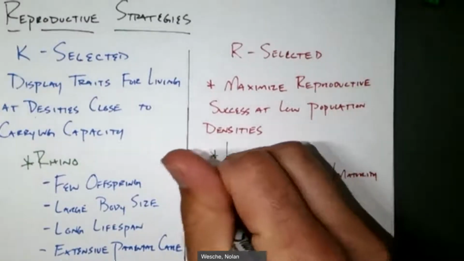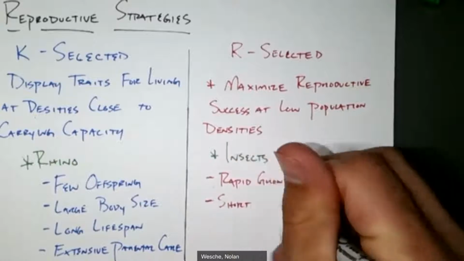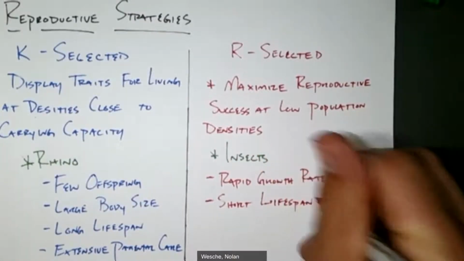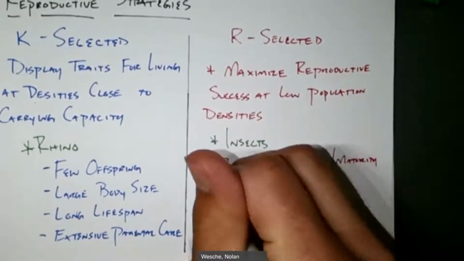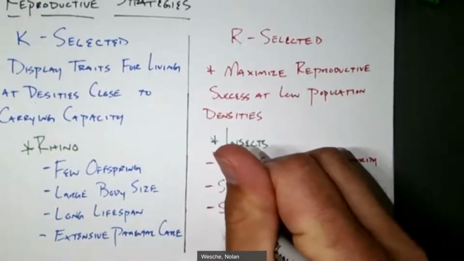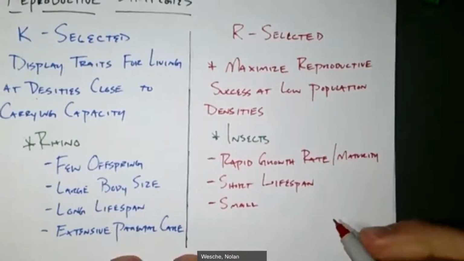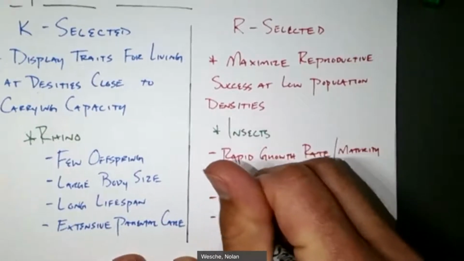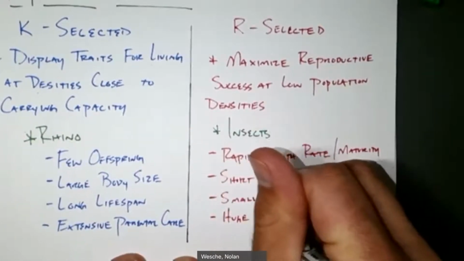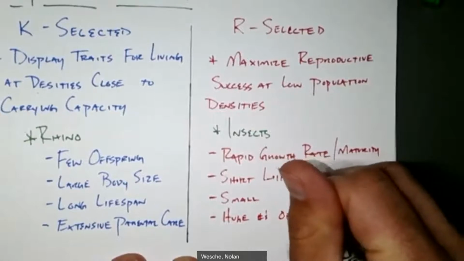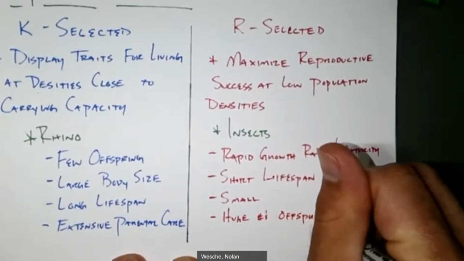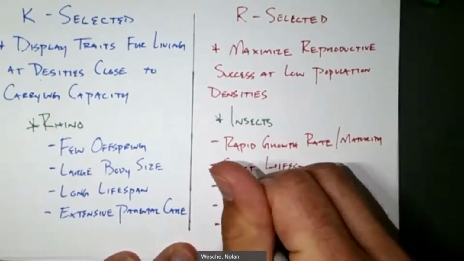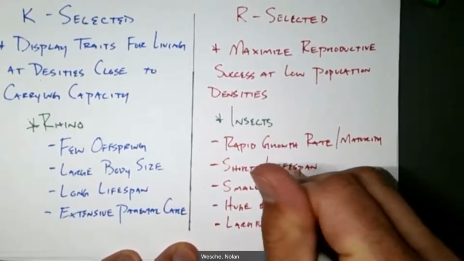We've got short lifespan, so they don't live very long, maybe one season even, however short that may be. Body size typically isn't allowed to put on a lot of mass because they don't live that long, so they're typically small. Huge numbers of offspring. So lots of offspring because a lot of them don't survive. And then typically spread over a really large area, large dispersal.